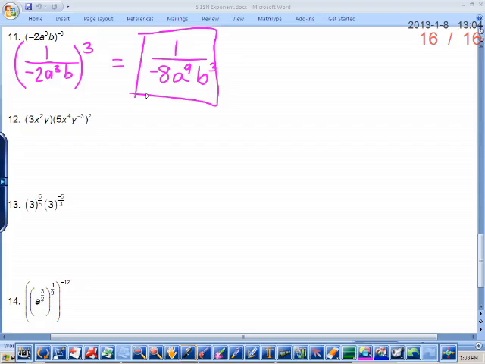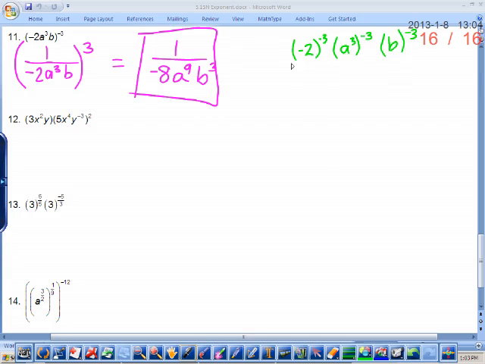Could you show something like the other way? What do you mean the other way? Like distributing first? If you chose to distribute this first, you would have -2 to the -3rd power times a cubed to the -3rd power times b to the -3rd power.